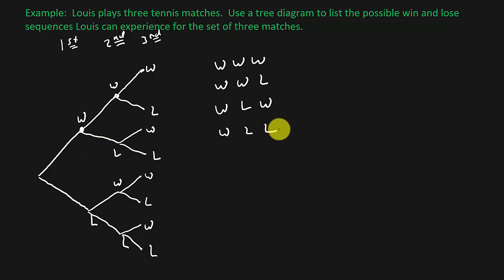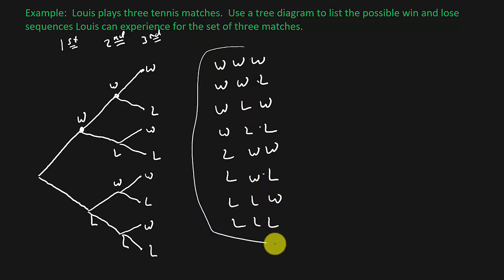Or he can lose, win, win. Or lose, win, lose. Or he can lose, lose, win. Or he can lose all three matches. And we've got 1, 2, 3, 4, 5, 6, 7, 8 different outcomes. All right. So that's all the different scenarios that we could come across, these 8 right here.